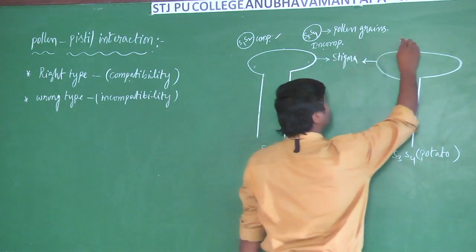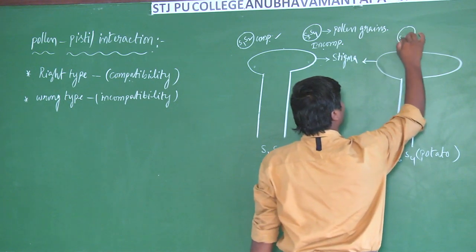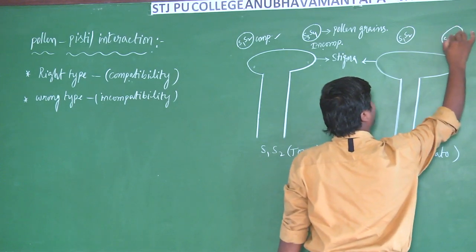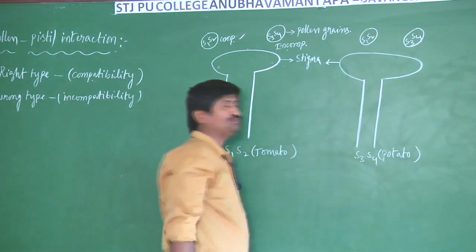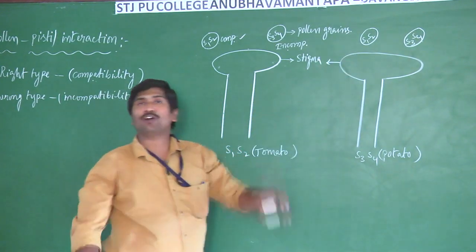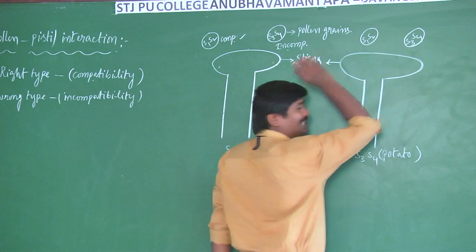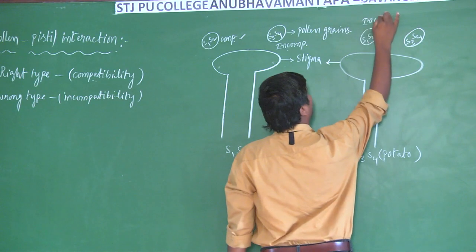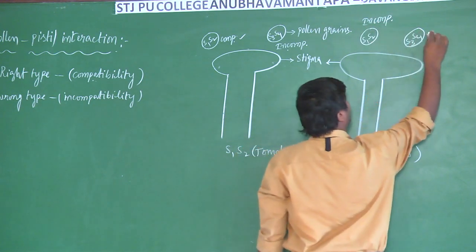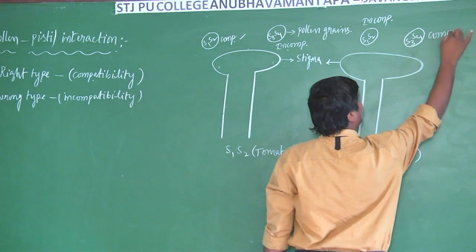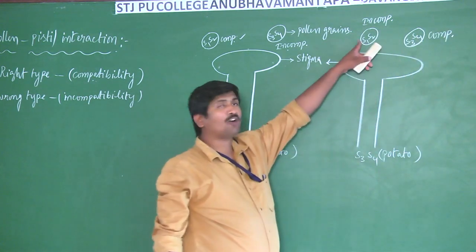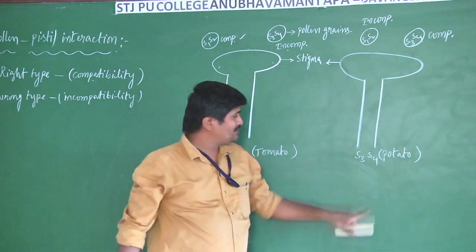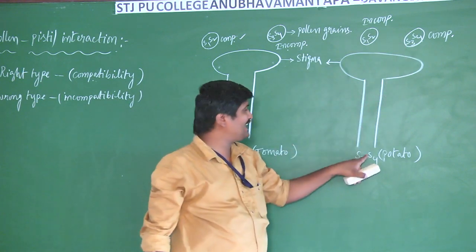See in this one, same S1 and S2, and S3 and S4. In these crop plants, which kind of pollen grain is this? This is known as the incompatible pollen grain. This one is the compatible pollen grain. Compatible pollen is from the same species and contains the same genes, S3 and S4.